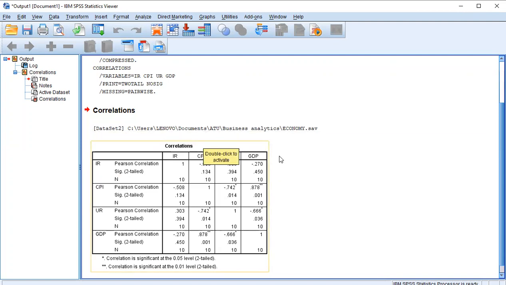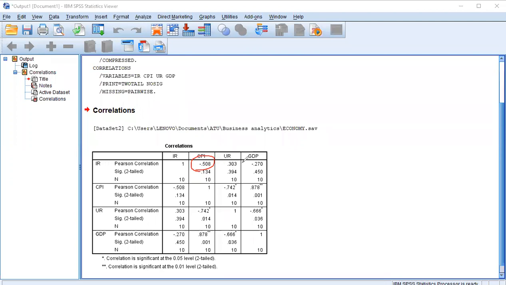We had a negative correlation between the interest rate and the CPI, indicated by negative 0.508, which is a moderate negative correlation between the CPI and our interest rate.